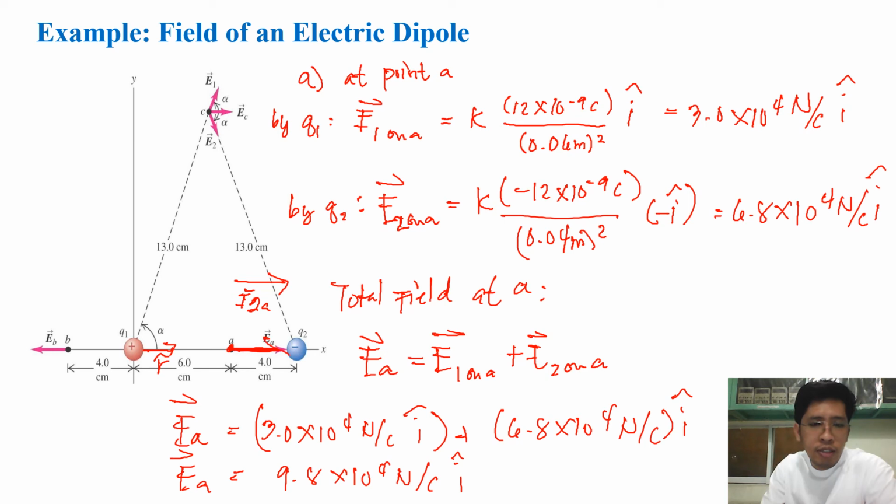So you were actually already given the direction of your electric field. If you were not able to get the right answer, if instead we got the negative, then from the diagram, we know it's already wrong.